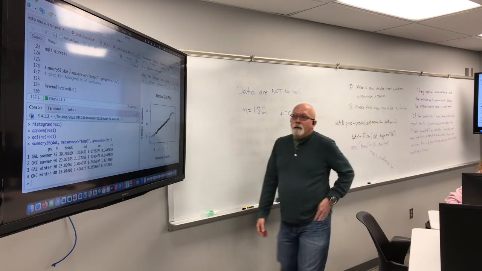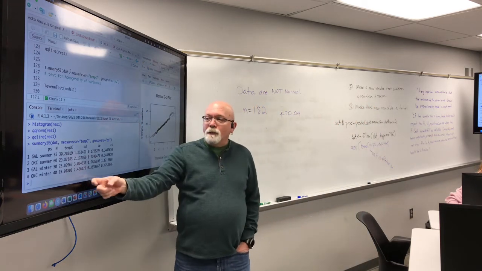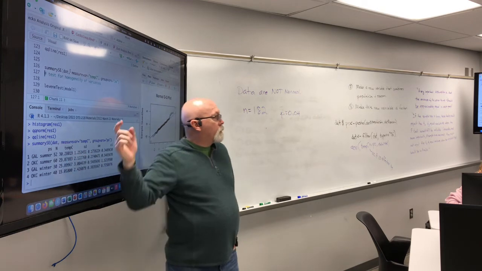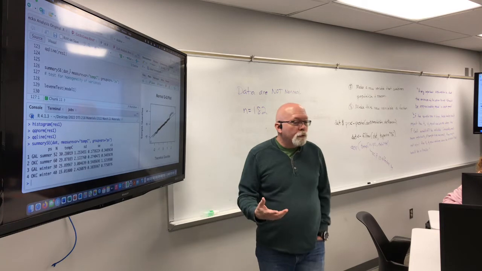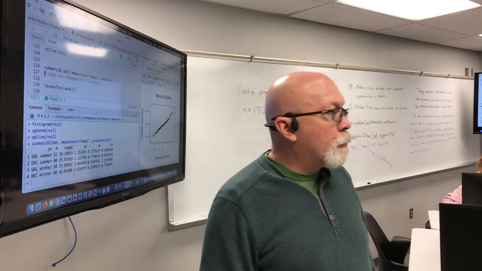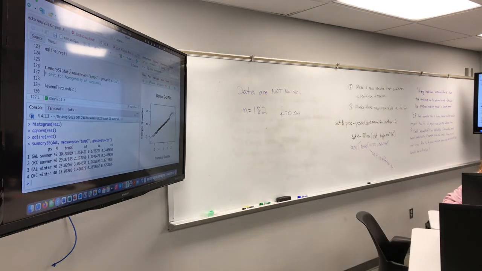So we can basically invoke the central limit theorem and say all of our data treatments are 30 values or above, so we don't really have to worry about this small deviation from normality because the distribution of sample means, which is what we're going to be testing, is going to be normal. So you know what we say to the non-normality test? We say it's not really that important to begin with because ANOVA is robust to deviations from normality, and we always have the central limit theorem saving our butt anyway.